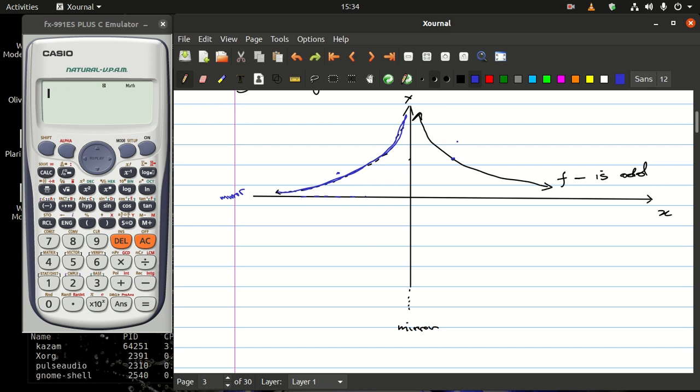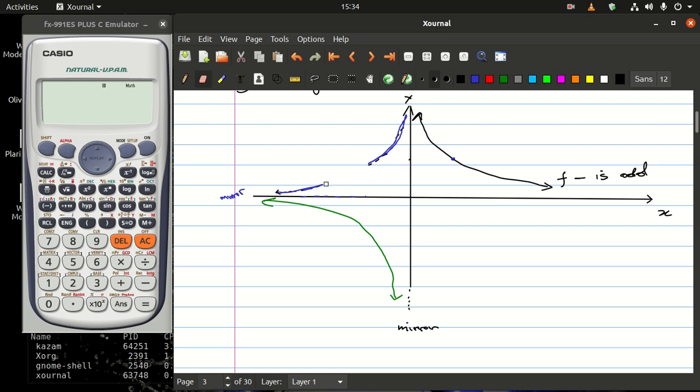Let me use a different color, green. This is bad. Let me try again. I'm going to see something of this type. So it's going to be something like this on the mirror.